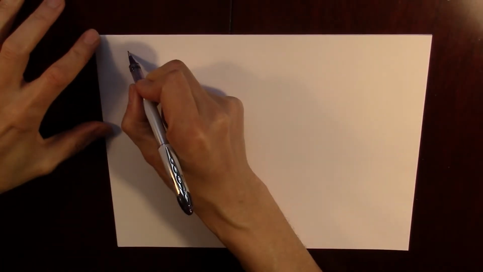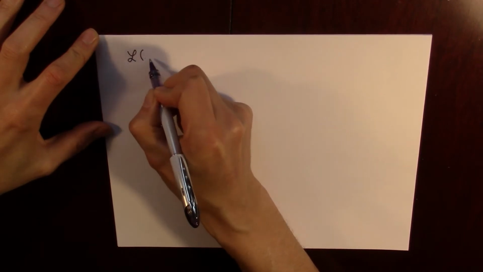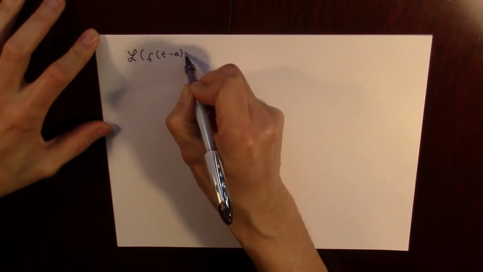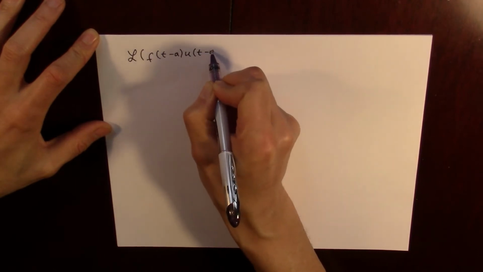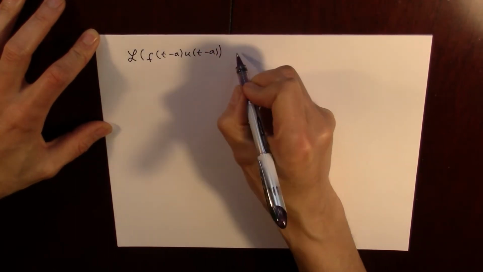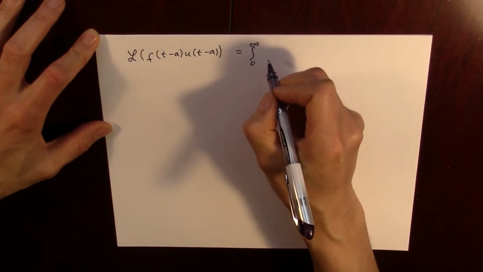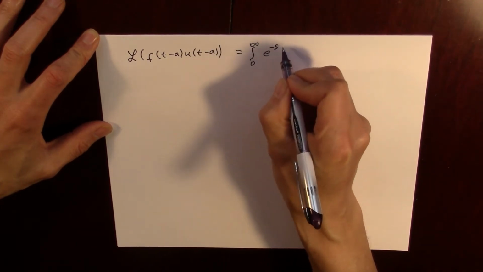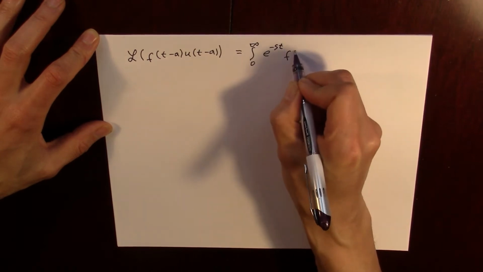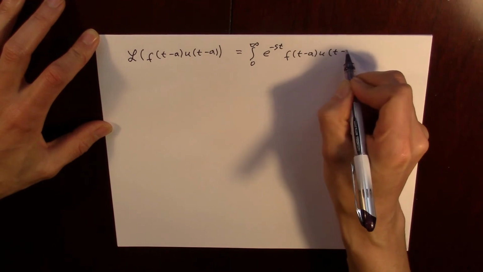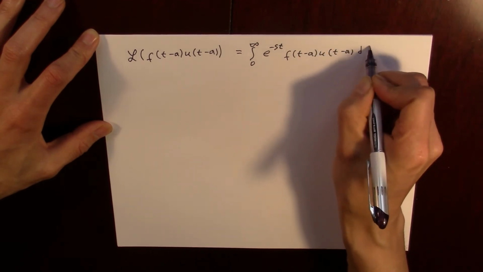If I want to calculate the Laplace transform of f of t minus a times u of t minus a, by definition of the Laplace transform, that equals the integral from 0 to infinity of e to the negative st f of t minus a times the step function t minus a dt.